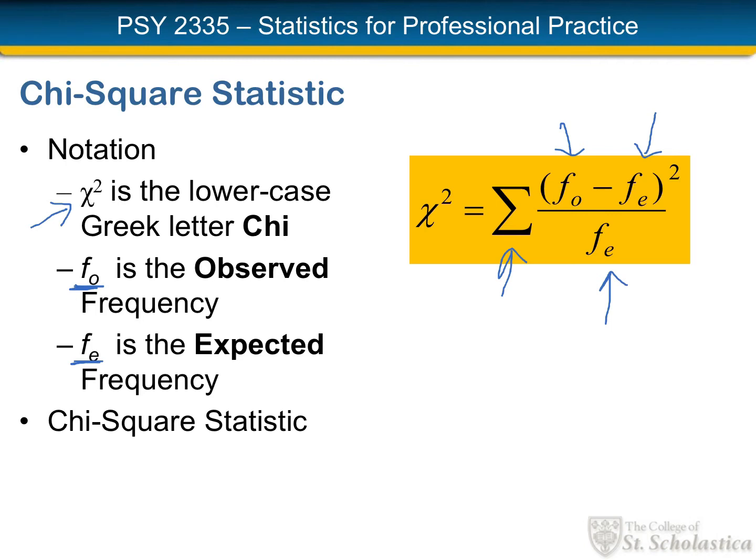So if I have 3 soft drinks, I would compute the observed minus the expected, square it, and divide by the expected for cola. Then I'd do the same thing for lemon lime. Then I'd do the same thing for the category of other. And once I'd done it 3 times, once for each category, I'd add those values together, and the sum of all those values would be my chi-square statistic. So I end up with a single number.